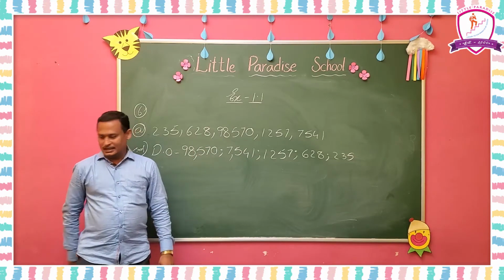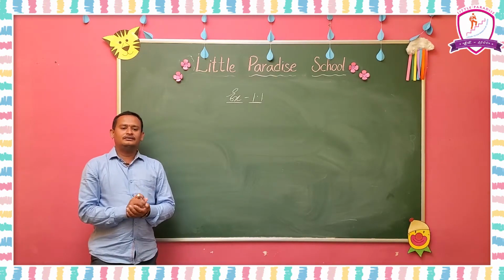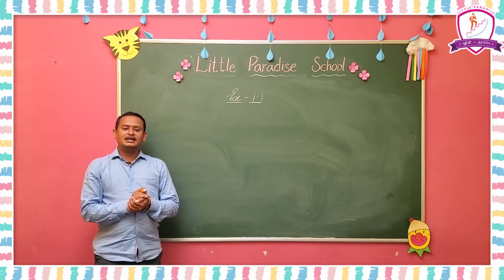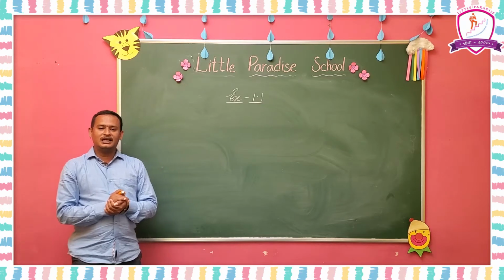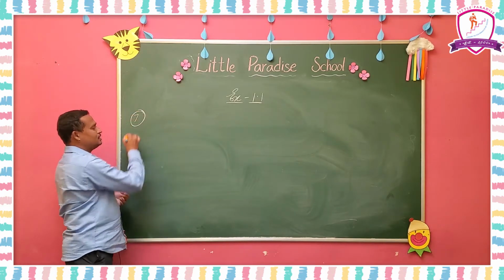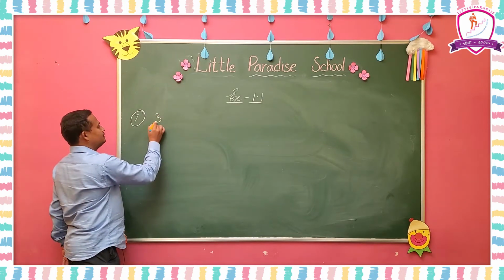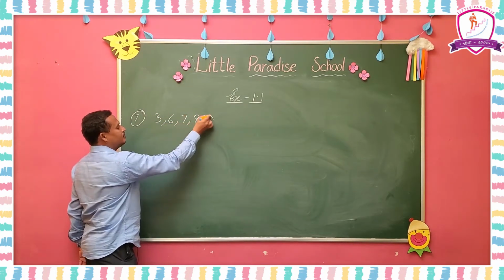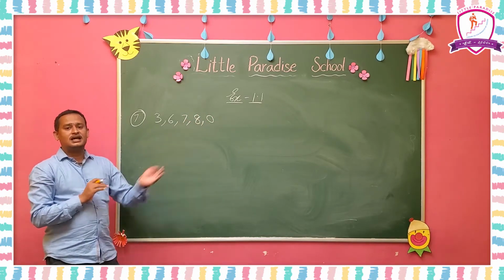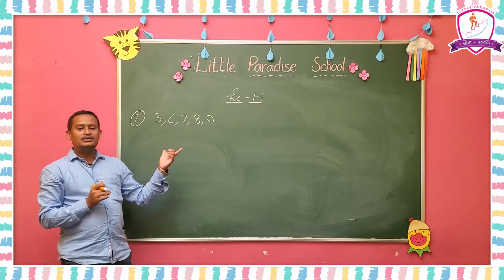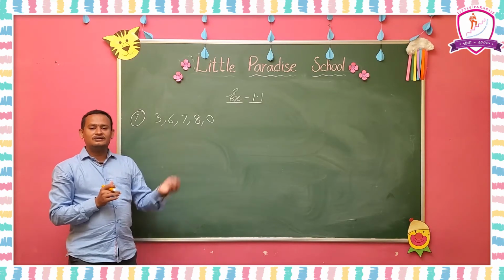Okay. Next, all of you see the seventh one: form the greatest 5 digit number using the digits. In the seventh question, the digits given are 3, 6, 7, 8, 0. With these 5 digits, you have to form the greatest 5 digit number.